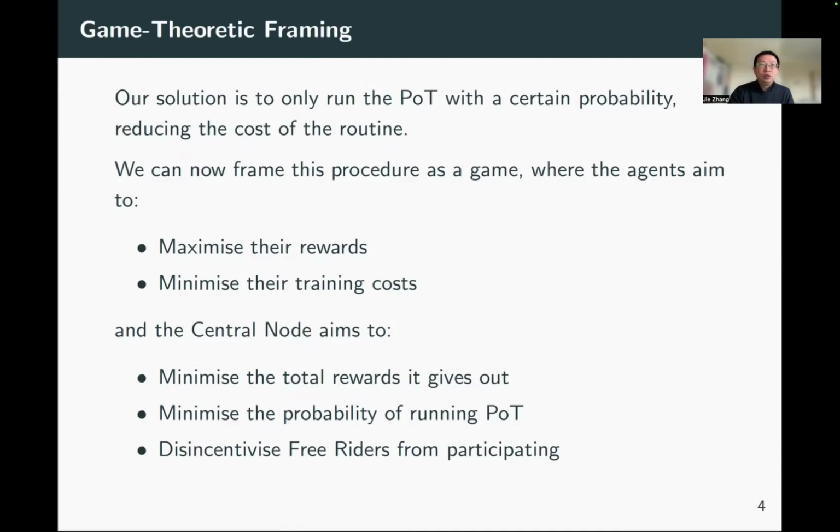But it still needs to disincentivize free riders from participating. So our goal here is to set up a scheme where an agent expects to earn more by behaving honestly than it does by behaving as a free rider, which means that any logical agent is going to decide to act as an honest agent rather than as a free rider.